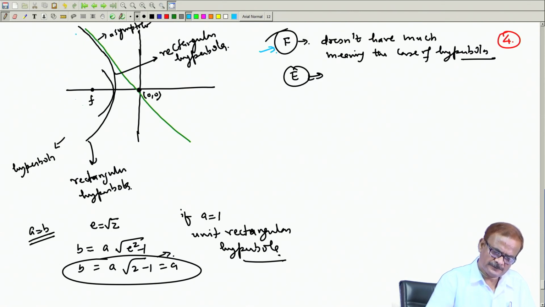The inner circle we will show by some other color, by this hyperbola. And this hyperbola also, both of them touch here at the perigee.